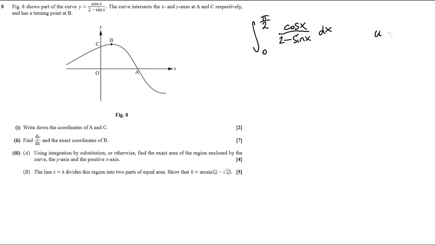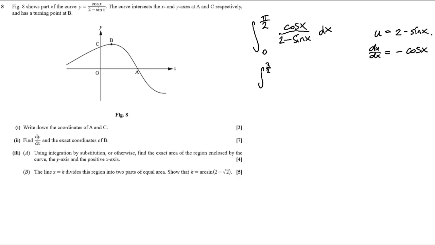So let's take u equals 2 take sine x, and so we have du by dx equals minus cos x, and by just substituting we get, sine of pi by 2 is 3 halves, or sine of pi by 2 is a half.